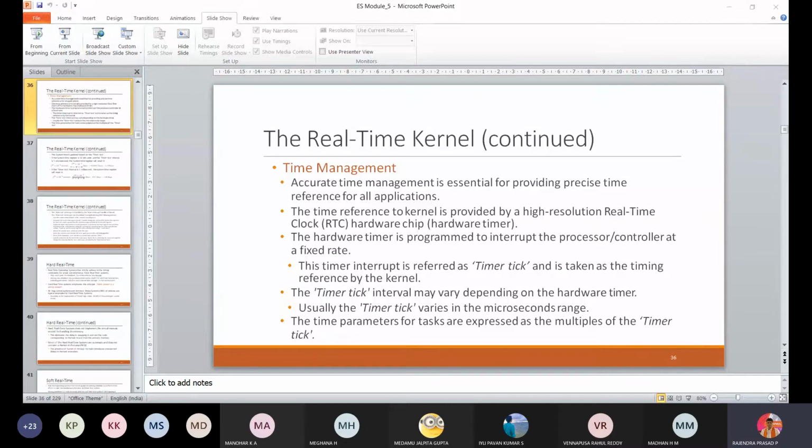So we'll take one example and see how we need to measure that. The system time is updated based on the timer tick.